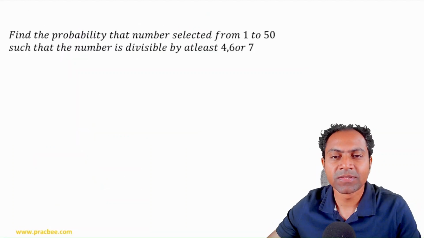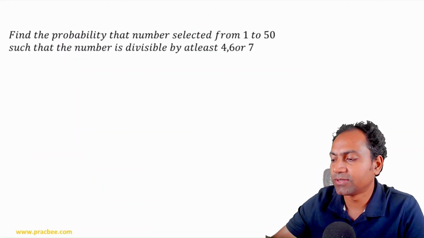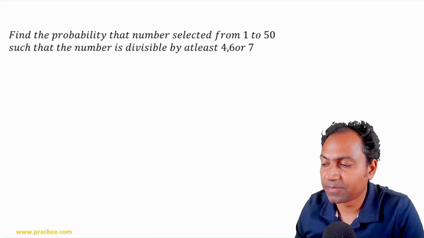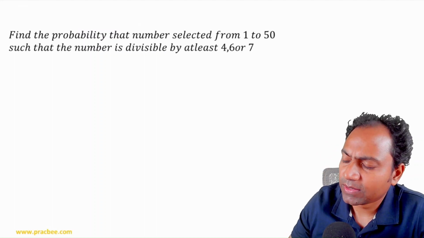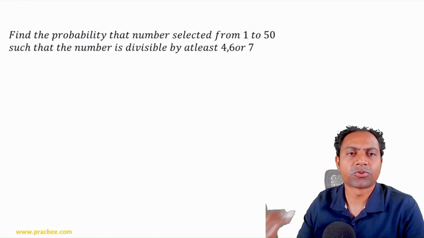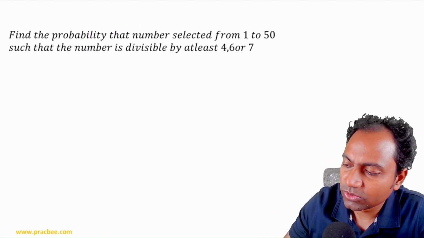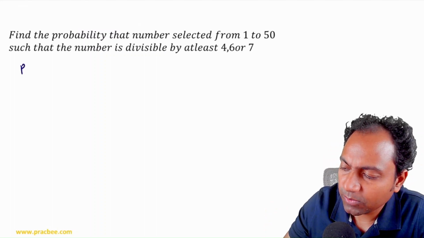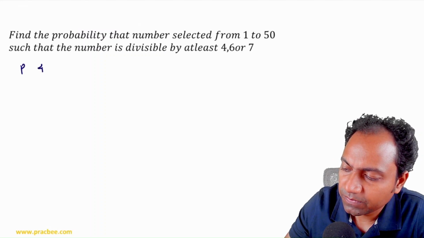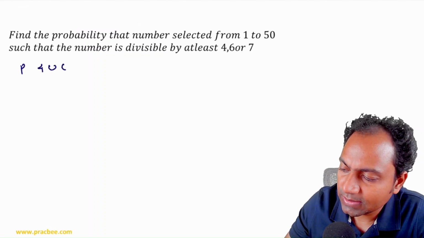Now a similar kind of question we did when we did the one shot series on PNC and probability. In this case, they're asking probability, but this is a probability question that is based on PNC only. So let us find the answer. What they want is the probability that the number is divisible by 4 union 6 union 7.